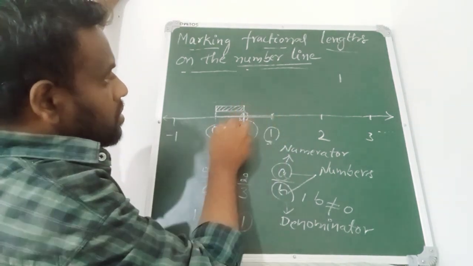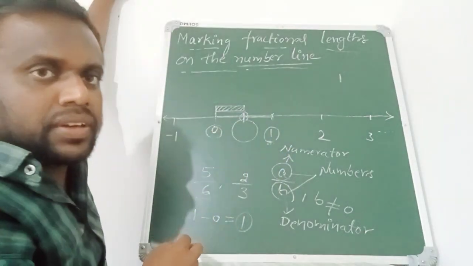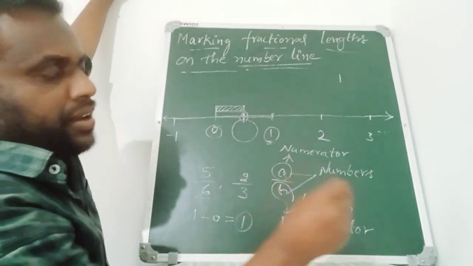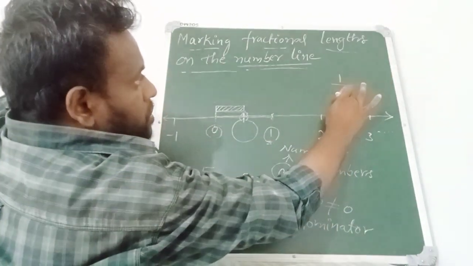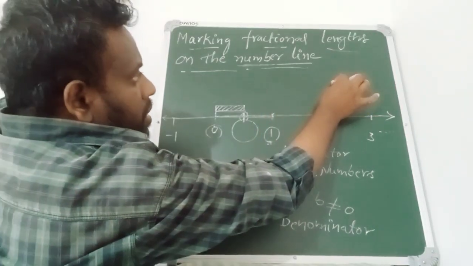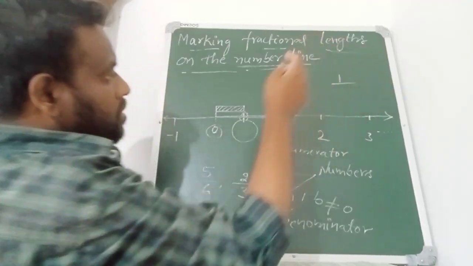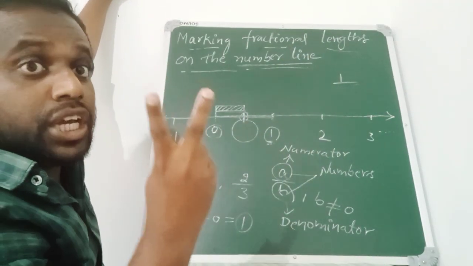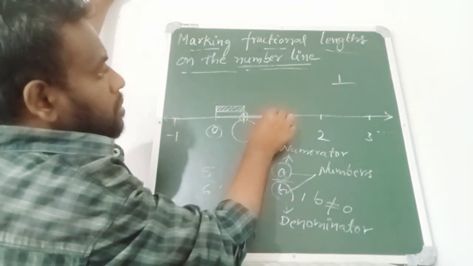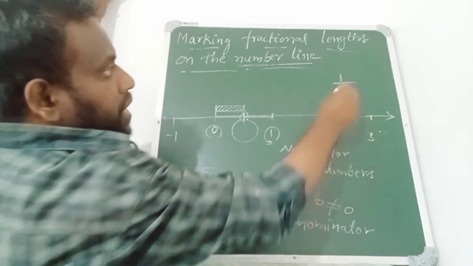When you divide, this is one part, this is another part. So this whole length 1 is divided, this is the division symbol. When I say divided, you have to write a line like this into how many parts? 2 equal parts. That 2 you write here.